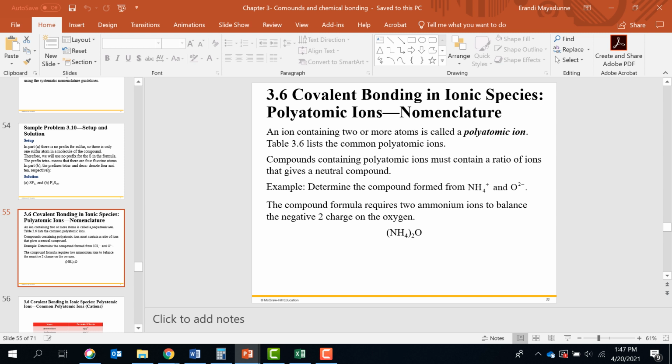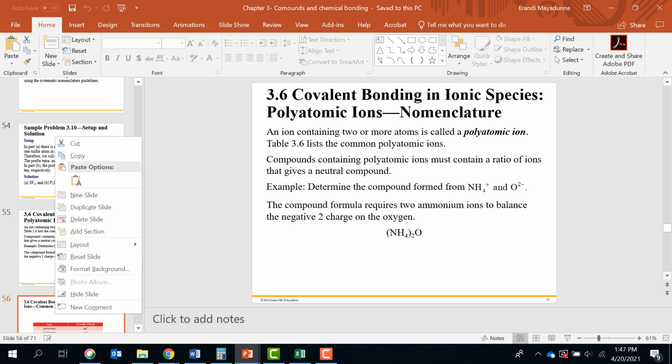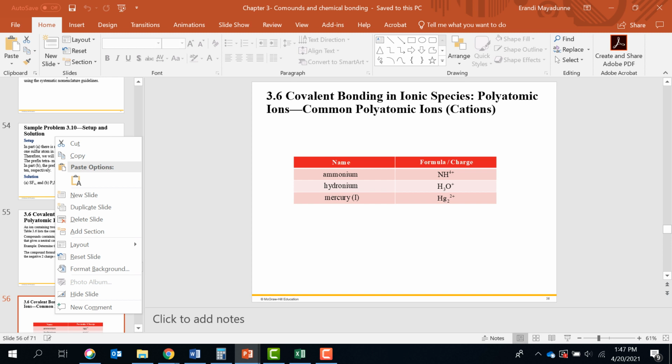So sodium oxide, ammonium oxide: ammonium is 1, O has a charge of 2. The charge of oxygen you write under ammonium with parentheses, because these two charges are common to nitrogen and hydrogen both. And these are some common cations: ammonium, hydronium, and mercury.